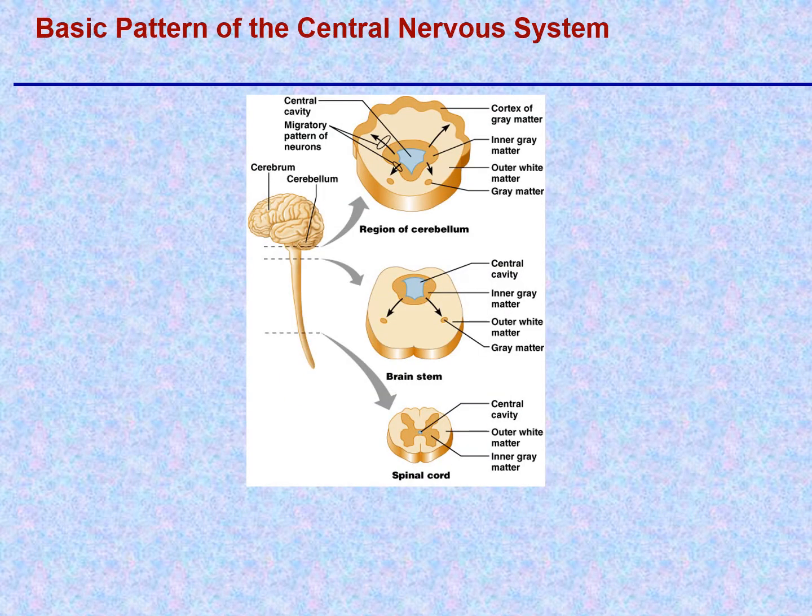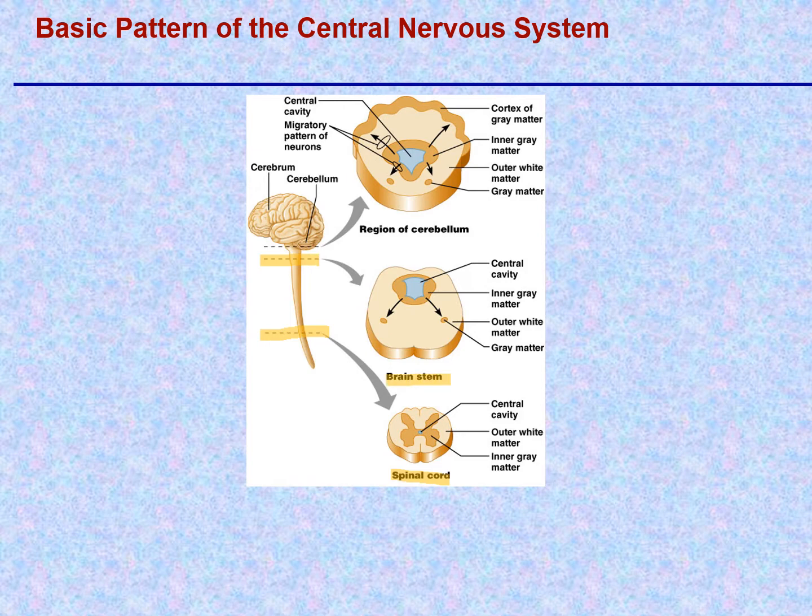In terms of the spinal cord and brainstem, depending upon where you do a cross section, you'll see a different pattern. So if you do a cross section on the spinal cord, you'll see this kind of pattern. If you do it higher up through the brainstem, you'll see this kind of pattern.